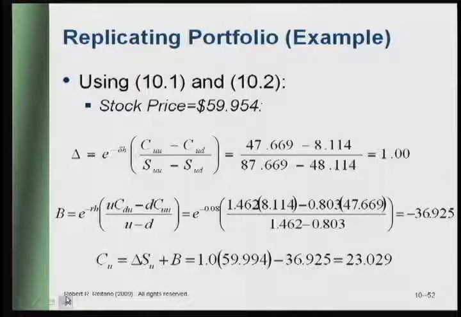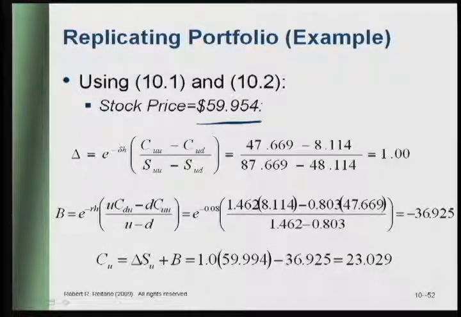So here's an example of calculating the delta and the B associated with the stock price being $59.95. And these are formulas from the earlier module. You can see them here notationally and then with the numerical values from the lattice.